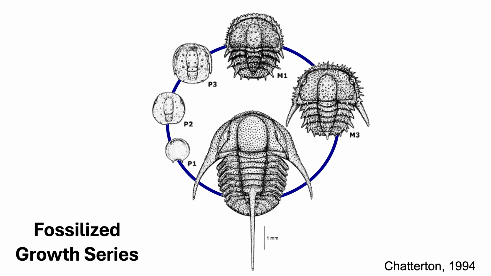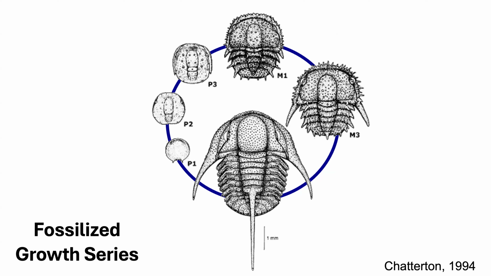That summarizes how trilobites grow up. So trilobites grow by molting. This is not all the series of molts that this particular species would have had. It's just a few taken out of the series to show how the animal grew.